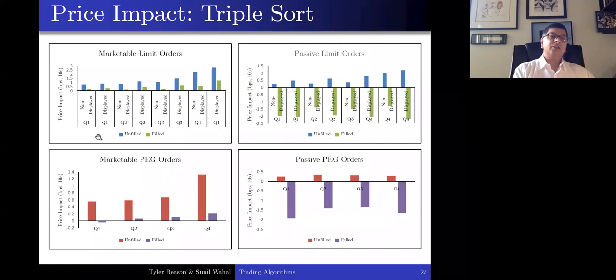The other thing you'll notice is that displayed orders have, generally speaking, larger price impacts than non-displayed orders. Again, that shouldn't surprise you. You can look at the same thing for passive limit orders, marketable pegs, and passive pegs. Basically, you'll see the same pattern: there is a quantity trade-off and a display trade-off with respect to price.